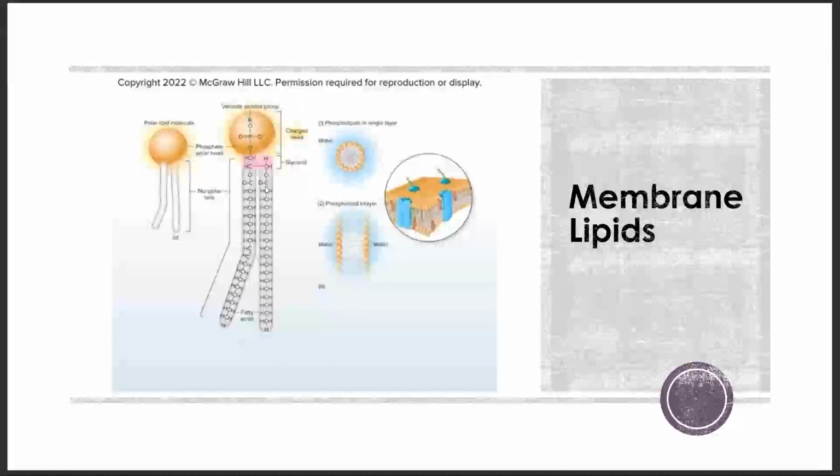They can have saturated or unsaturated tails. They can be different lengths, and these can change how fluid the membrane is. You also notice from this picture that it's not just phospholipids, but in the membrane, we can have different proteins or transporters inserted in between here.